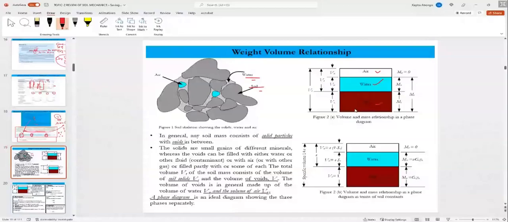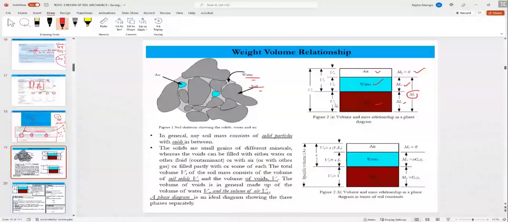In terms of mass, air is 0, water has a mass of Mw, and soil solids have a mass of Ms. The mass of water and mass of solids gives Mt, the total mass. The volume of air, volume of water, and volume of solids are also there.